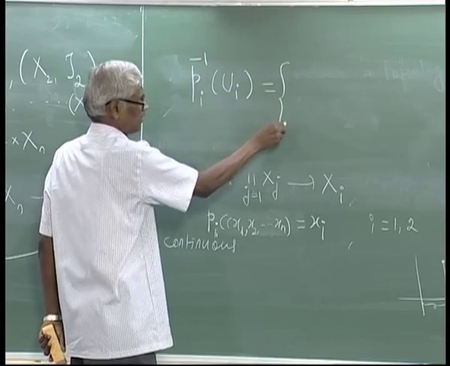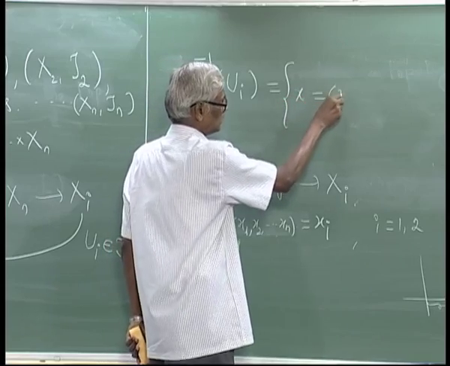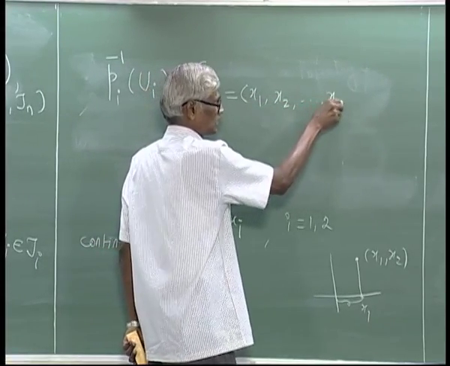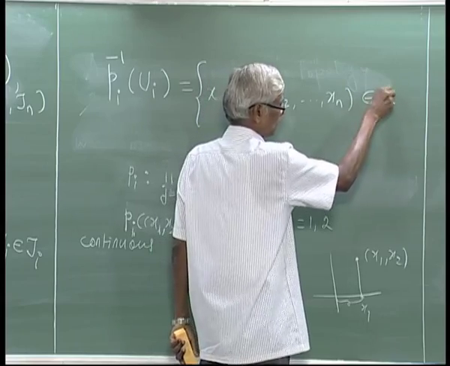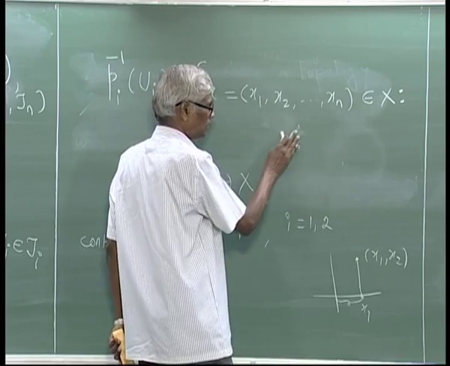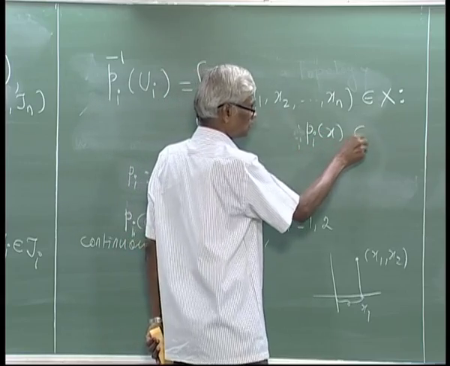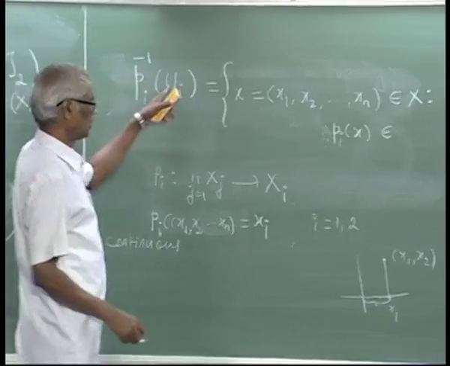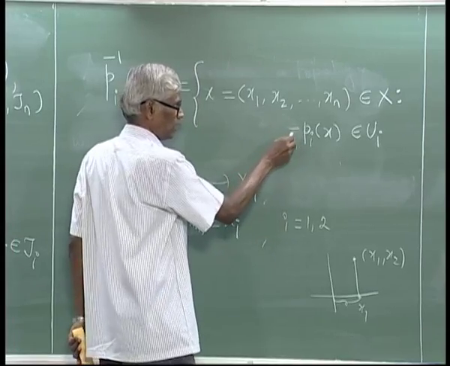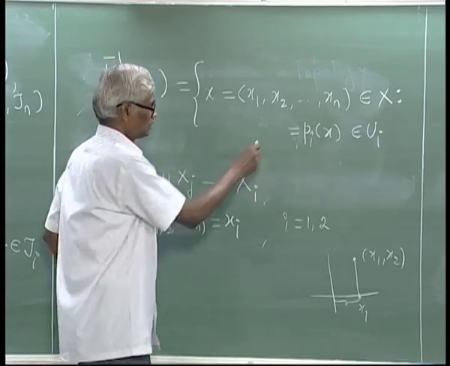By definition, it is the set of all x in our Cartesian product X1 cross X2 cross ... cross Xn, belonging to capital X, such that Pi of x belongs to Ui. But by definition Pi of x is the ith projection, so that is xi.